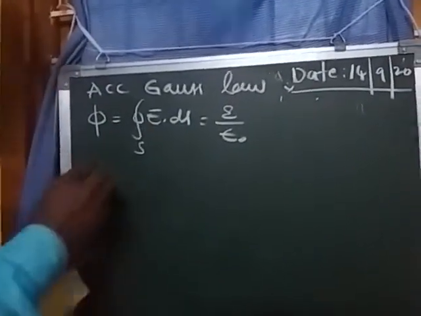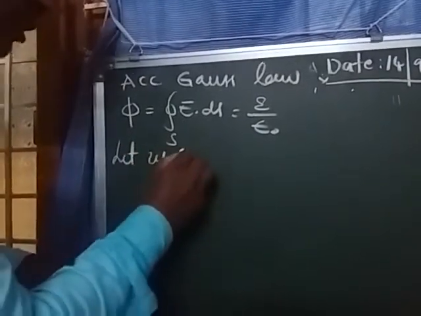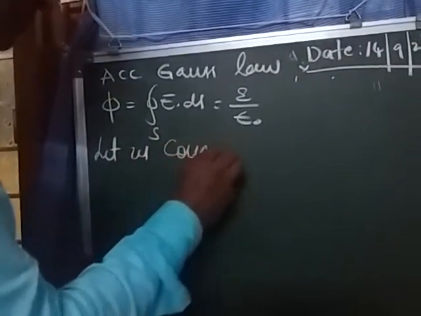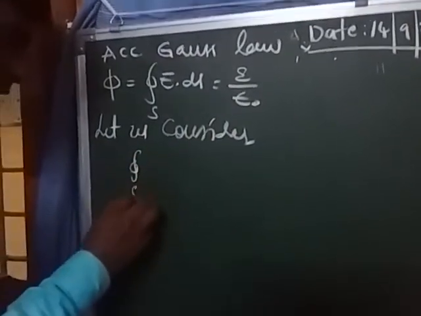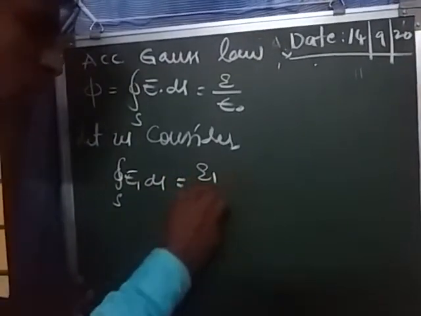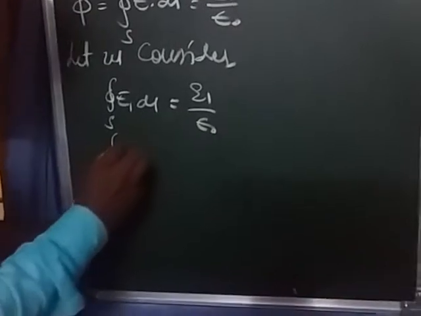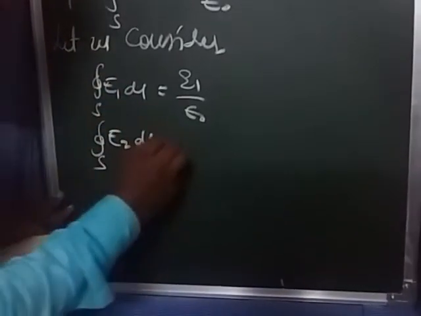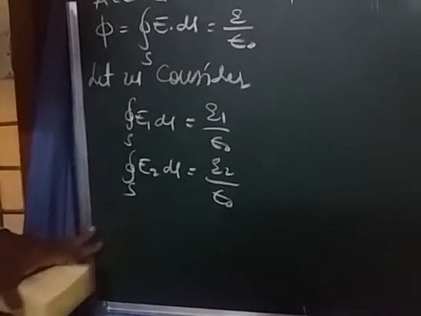So let us consider the surface integral over S of E1 dot dS equal to q1 by epsilon naught, and the surface integral over S of E2 dot dS equal to q2 by epsilon naught.